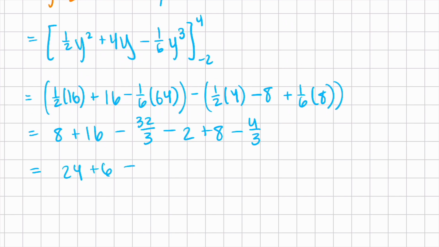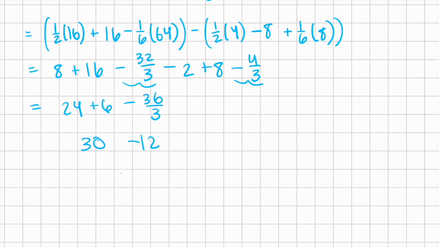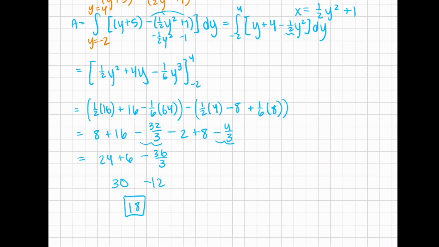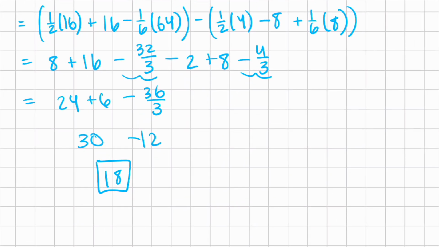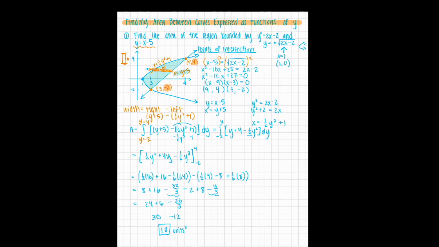These two together give negative 36 over 3, which is negative 12. So 24 plus 6 is 30, and 30 minus 12 is 18. So a lot of arithmetic at the end, but this is our first example. And then maybe we should put units squared because it's area. We have one more example.